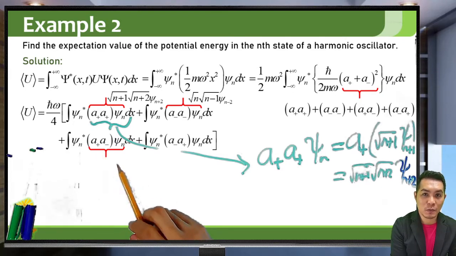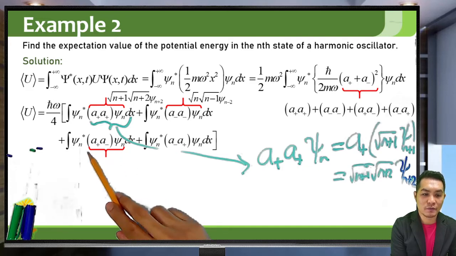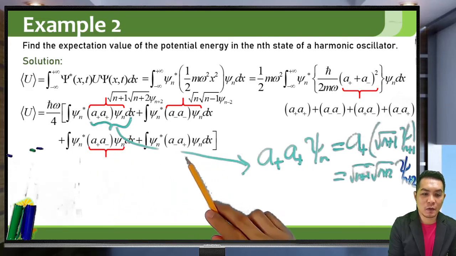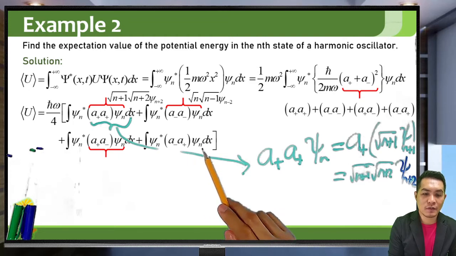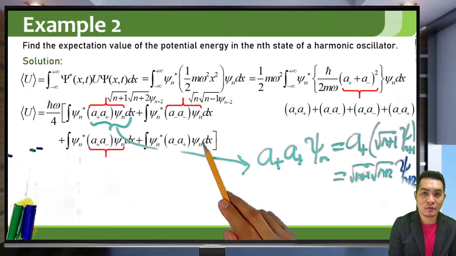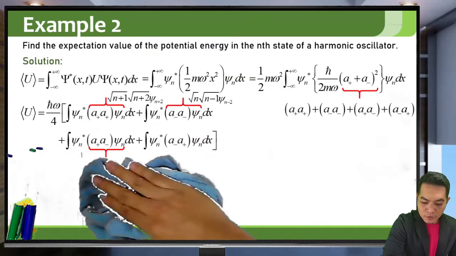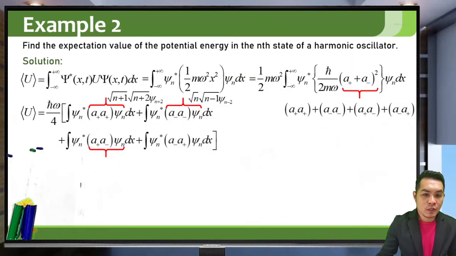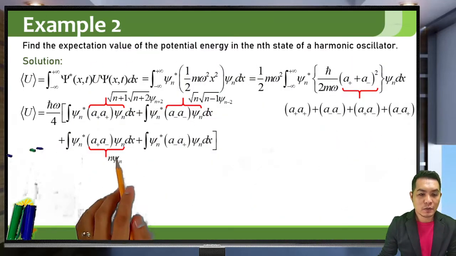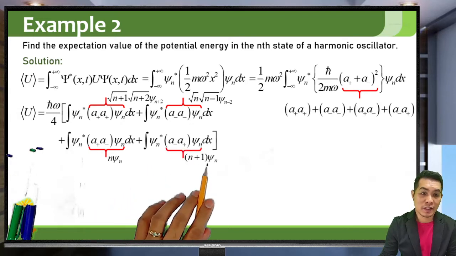So from psi n minus 1, you go back to psi n. Similar with this: you raise it first, so psi n plus 1, and then you lower it next. So from n plus 1, you lower it by 1, so you go back to psi n. So this integral will just be equal to n psi n, and this integral will just be equal to n plus 1 psi n.